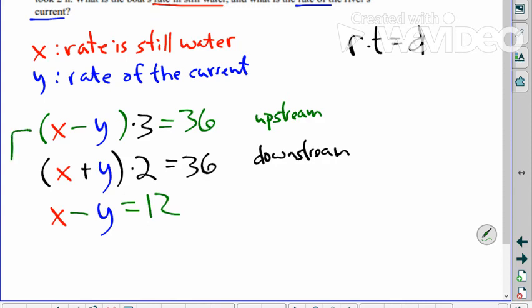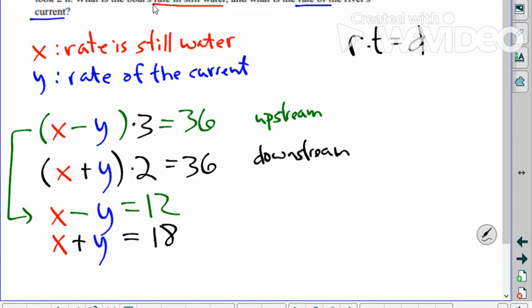Okay, so that's from that equation, dividing them both by 3. And if I do a similar thing to the second equation, dividing both sides by 2, in that case I'm going to get x plus y is equal to 18.